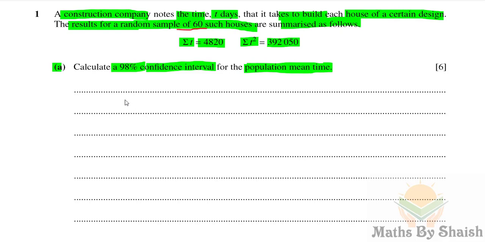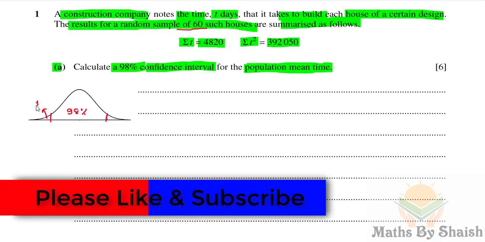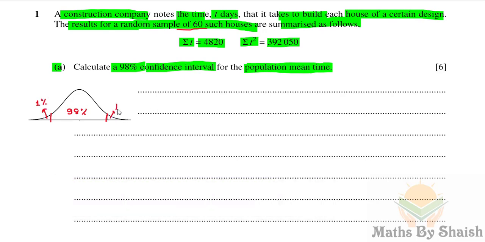What is the meaning of a 98% confidence interval? Here's the normal distribution curve, and if it is a 98% confidence interval, this is the interval, and hence we have 1% left here and 1% here, so that it will make it 100%. So we require these two boundaries for the 98% confidence interval, so we require the corresponding z value.